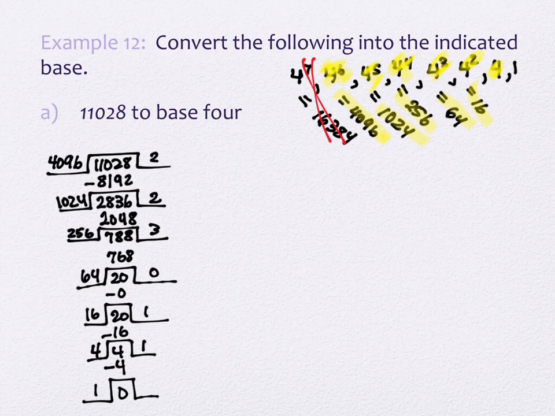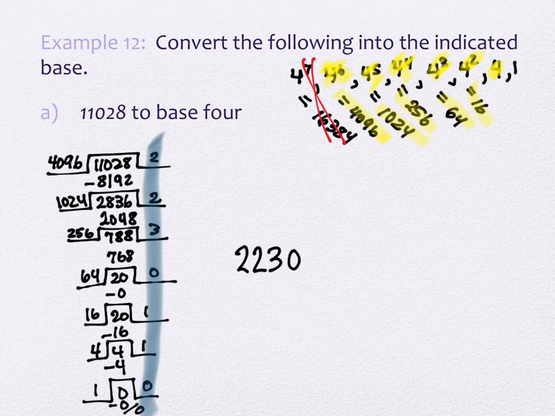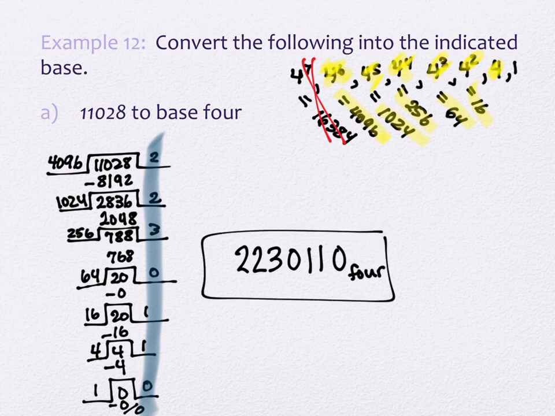How many 1s are there in 0? 0. That 0 is part of my answer. Your answer is this list of numbers: 2, 2, 3, 0, 1, 1, 0 with a subscript of 4.